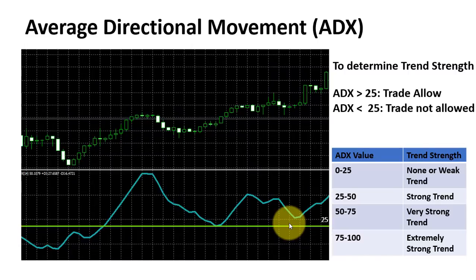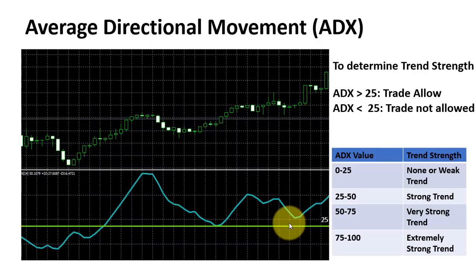Next indicator is the ADX, average directional movement. Trading in the direction of a strong trend reduces risk and increases profit potential. The average directional index is used to determine when the price is trending strongly.